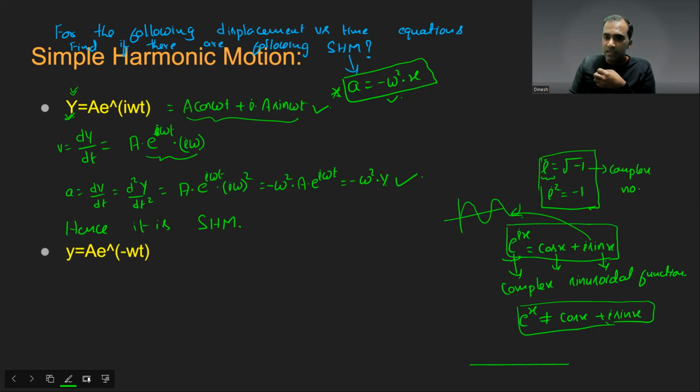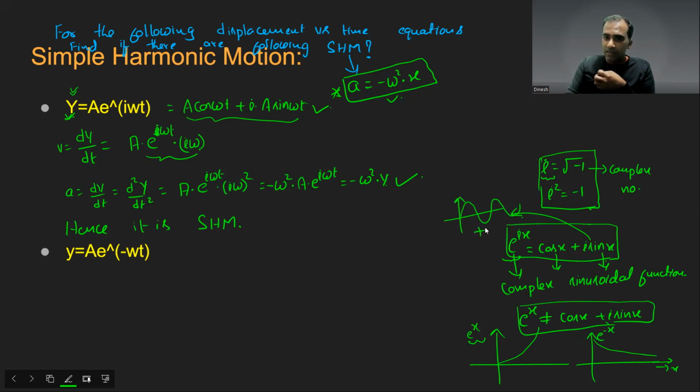Its graph is something like this. If you plot e power x, it is going to look something like this. If you plot e power minus x, it is going to look something like this. Decreasing function or increasing function. That is how it looks. When you have j, it is going to look like this.